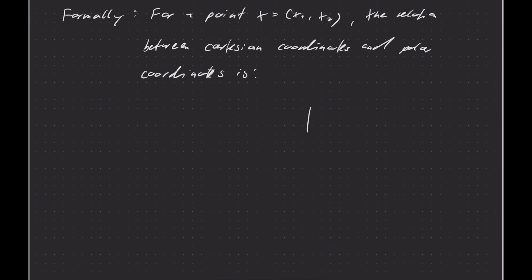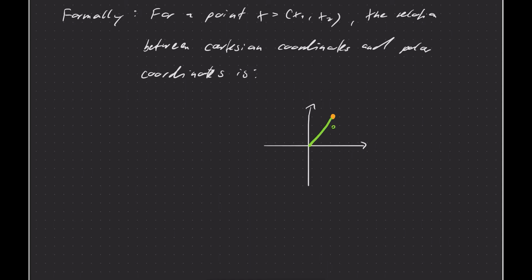Again, let me draw the classical coordinate system first. Then we'll take a point somewhere in that system, this one for example. Then of course what we have is the radius of that point. That's easy to get. Just measure that distance here.